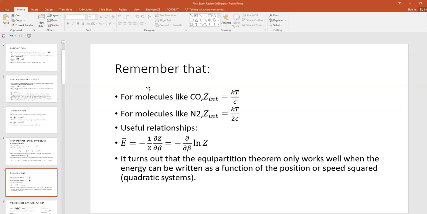We also showed in some derivations that the equipartition theorem only works well when the energy can be written as a function of the position squared or the speed squared. You would have a different equipartition theorem, in other words, if the energy were a function of just the plain old speed or just the plain old position, right? So it's only when it's a quadratic system that the 1/2 kT per degree of freedom works out.